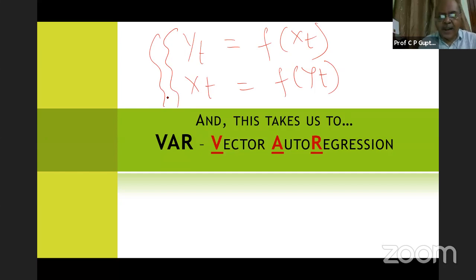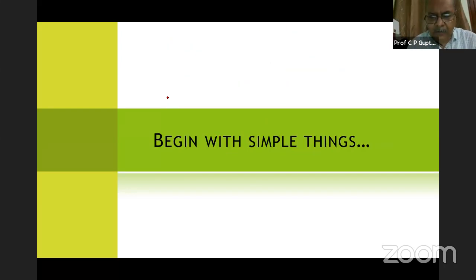Since you have two regressions here, if you put them in matrix form, you will get a vector, and we have regression of a variable with itself and with other variables. That's why we call it a vector autoregression model.